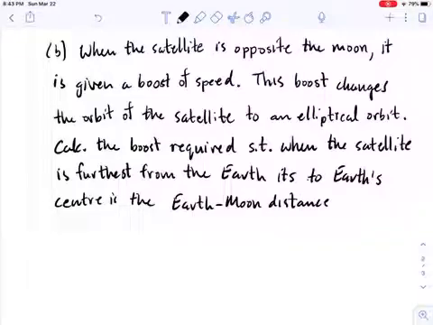And the Earth-Moon distance is approximately 60 times the radius of the Earth.